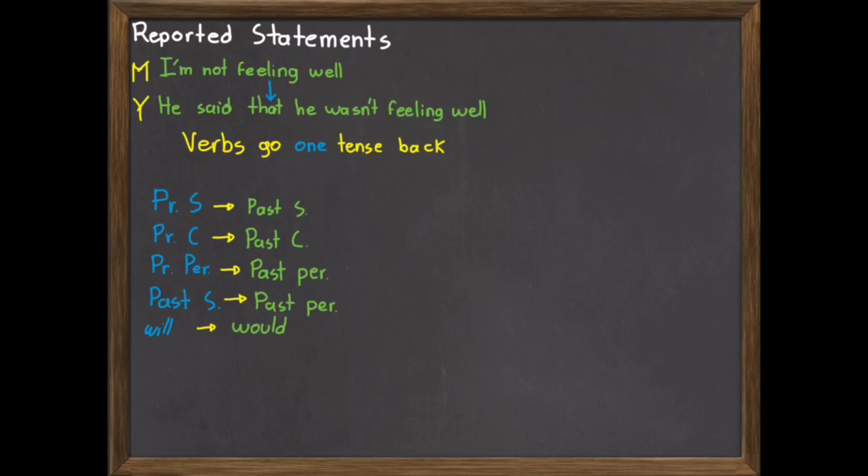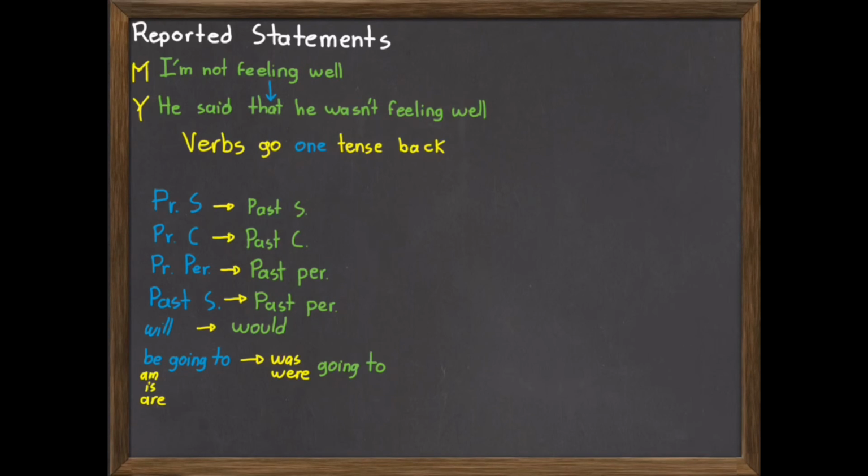Would sentence would be she said she would see me later. And future sentences, for example, am, is, or are going to, would turn into was or were going to. For example, I'm going to join a gym would turn into she said she was going to join a gym.